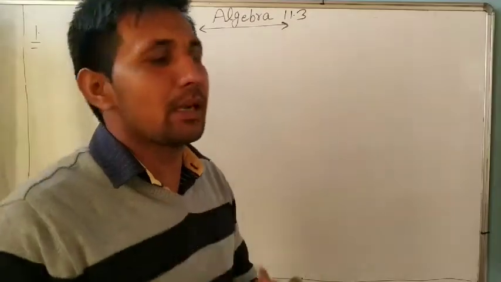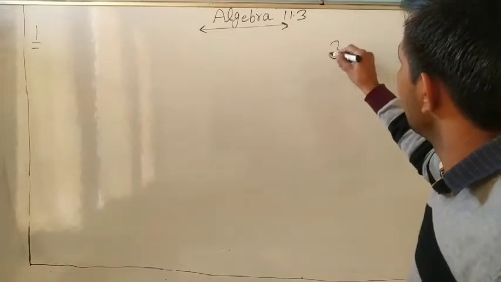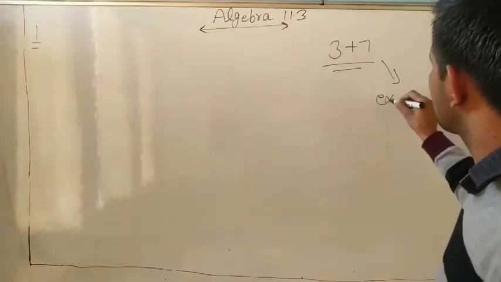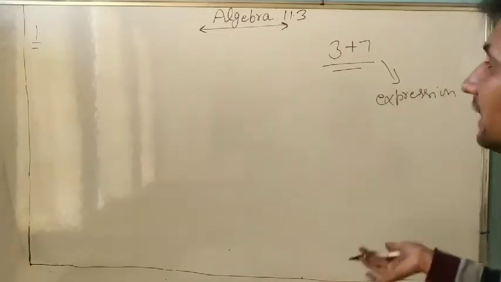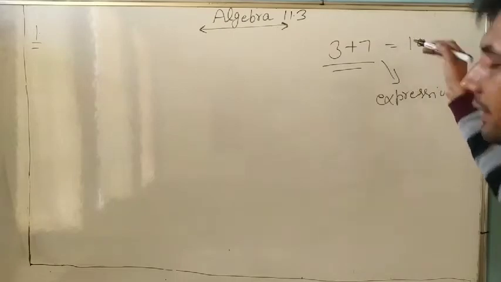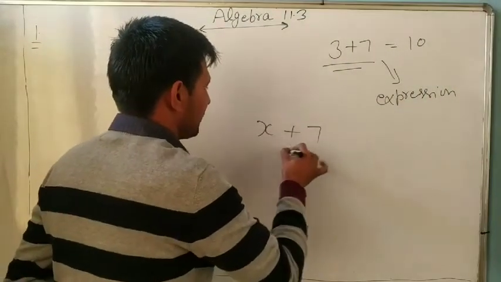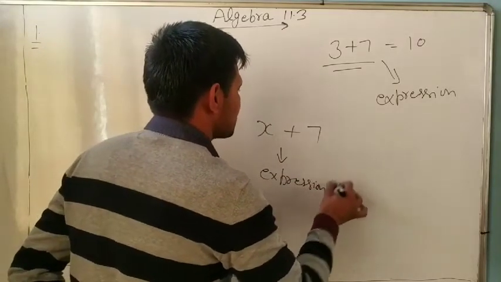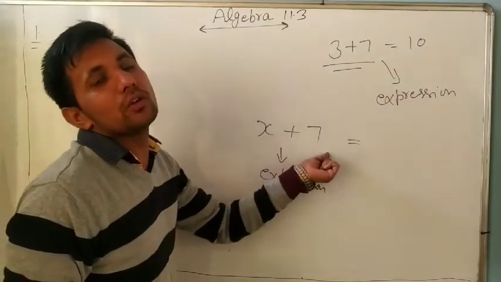What is an expression? Expression means, suppose we write 3 plus 7, it is an expression, and we can solve it easily because 3 plus 7 is 10. But if I write x plus 7, it is also an expression. So an expression is a mixture of variables and constants.